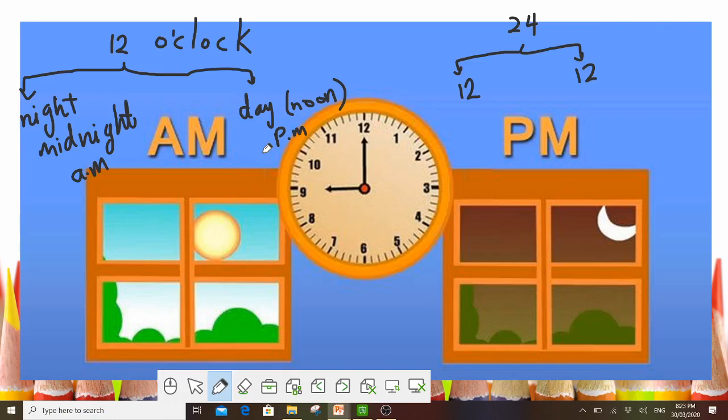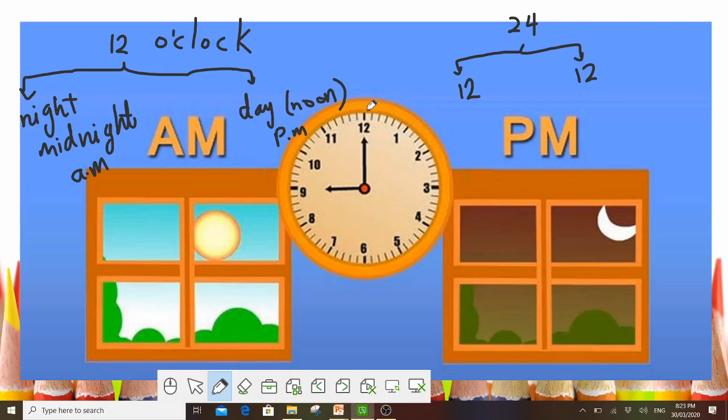Meridian means midday. Anti means before the midday. Post means after midday. So this is before the midday and this is after the midday.